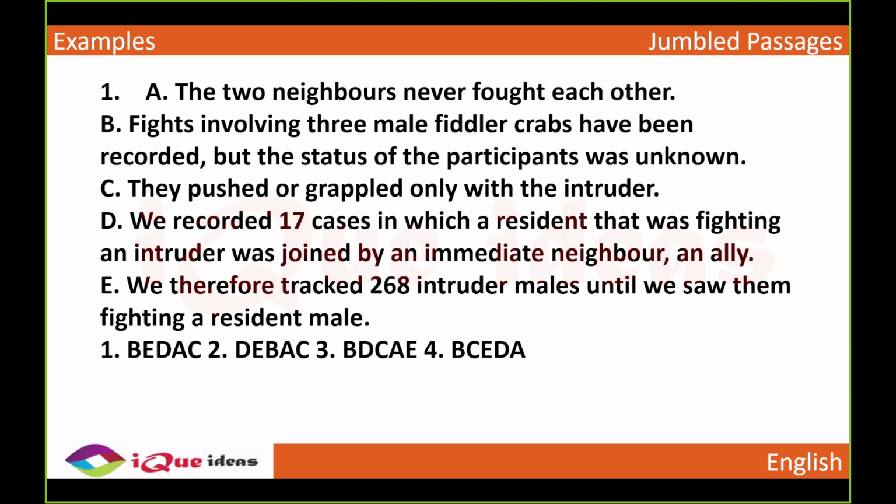B says fights involving three male fiddler crabs have been recorded, but the status of the participants were unknown. C says they pushed or grappled only with the intruder. D says we recorded 17 cases in which a resident that was fighting an intruder was joined by an immediate neighbor, an ally. And E says we therefore tracked 268 intruder males until we saw them fighting a resident male.